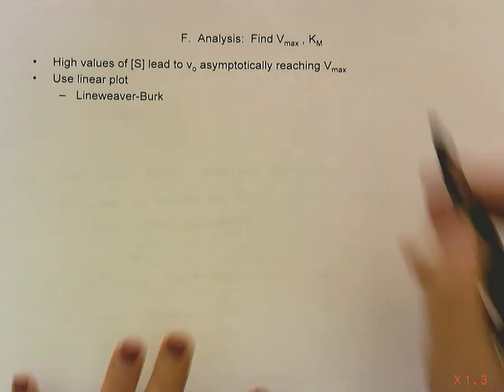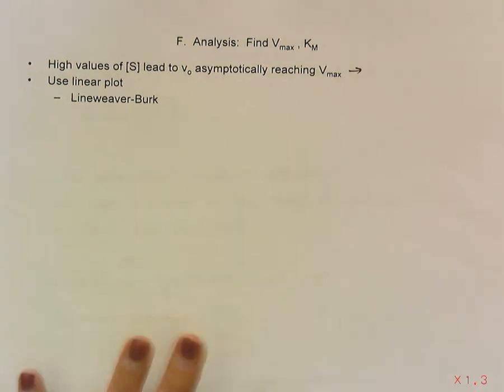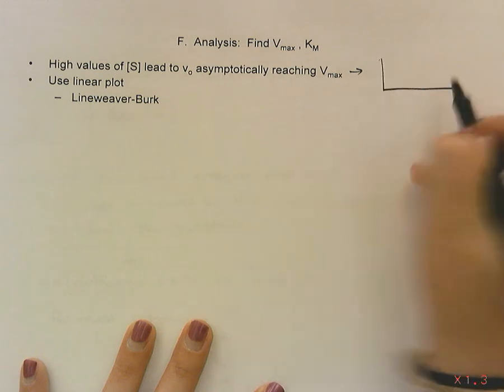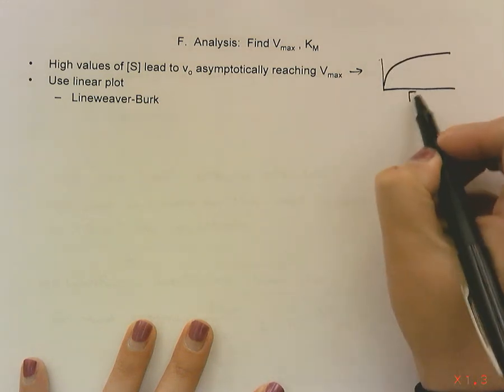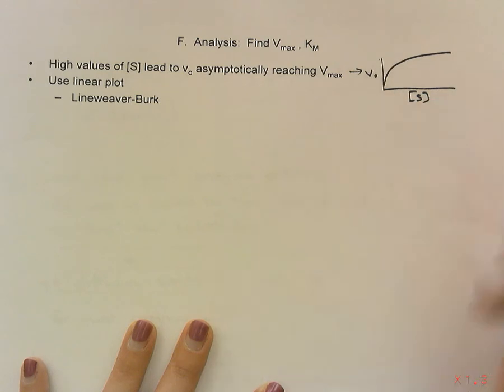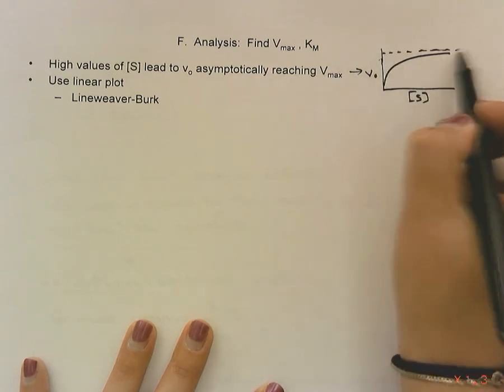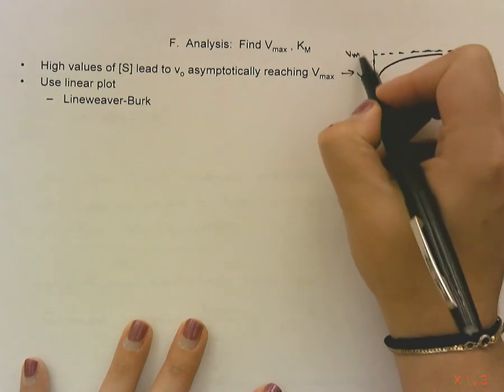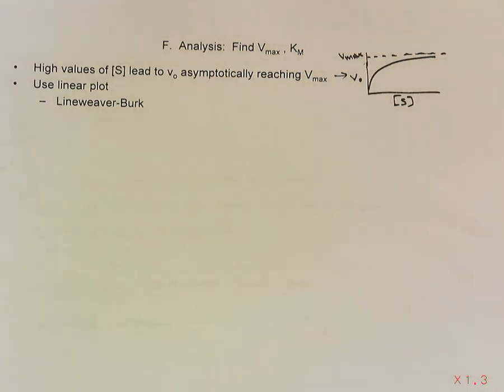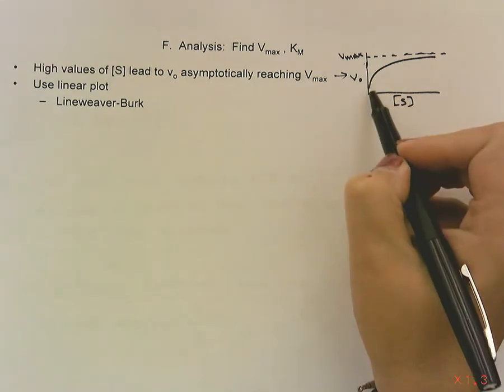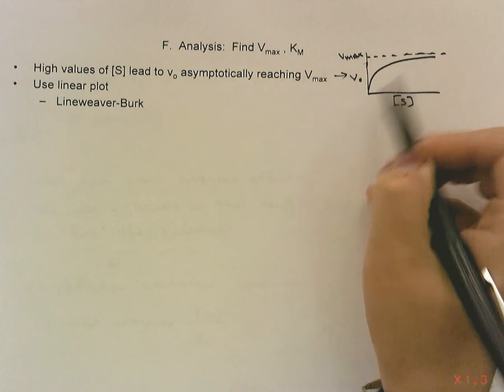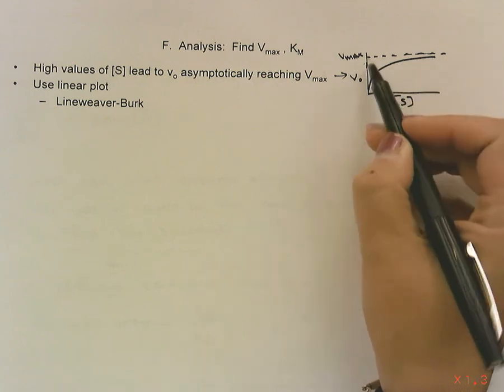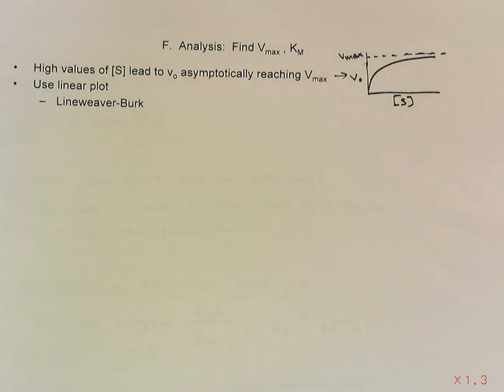All right, so as we looked at weeks ago, high values of substrate get us something that looks like that. At high concentrations of substrate, we asymptotically start to reach Vmax, which means we have this curve that speeds up and then levels off. Asymptotically means that it approaches but does not reach, if you haven't taken geometry in a long time.